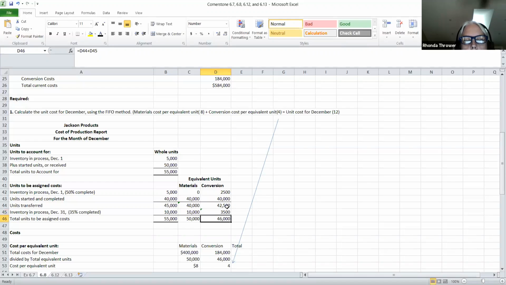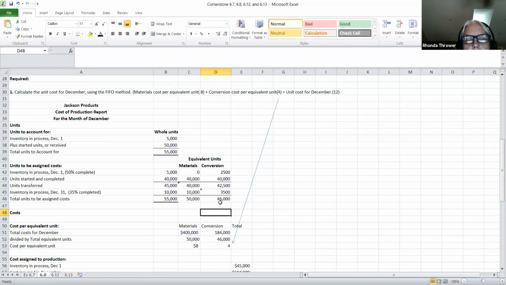And then we're going to add our transferred units plus our ending inventory units to get the total equivalent units for conversion. The total equivalent units for materials are the 40,000 plus the 10,000, which is 50,000. We need these items to help to assign cost to our inventory.